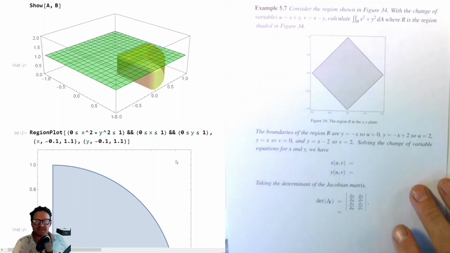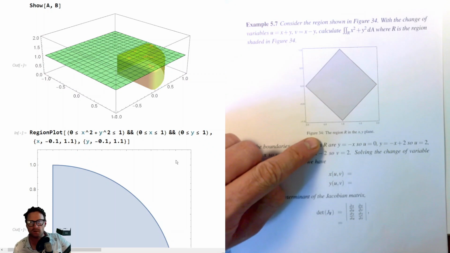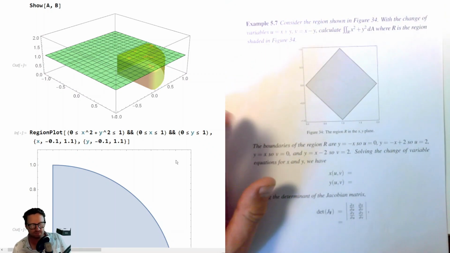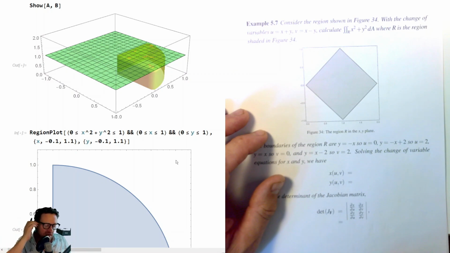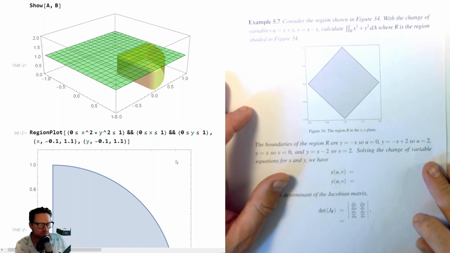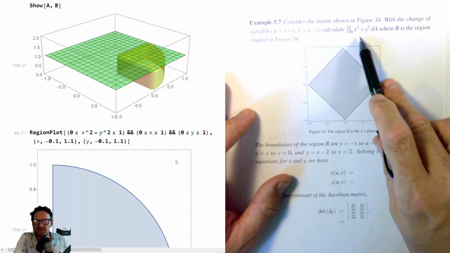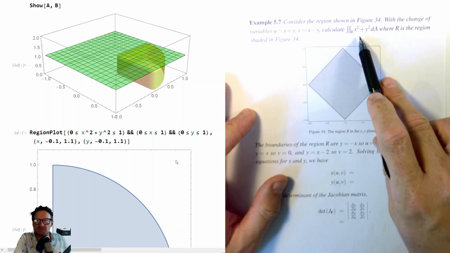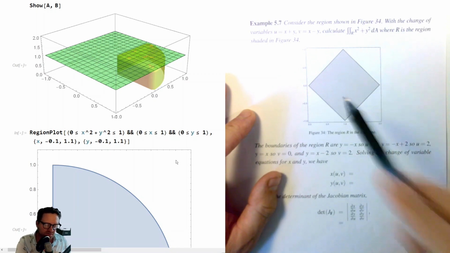Okay, let's look at another example of change of variables. Example 5.7. Consider the region shown in figure 34. This region, so I've got a diamond-shaped region. With change of variables u equals x plus y and v equals x minus y, calculate the volume under the surface z equals x squared plus y squared dA, where R is the region shaded.